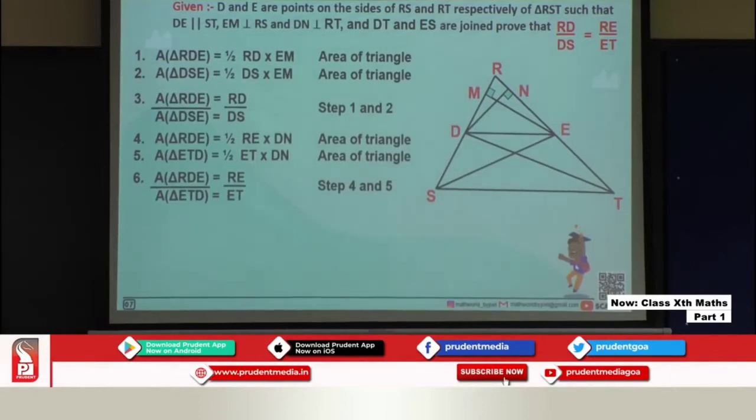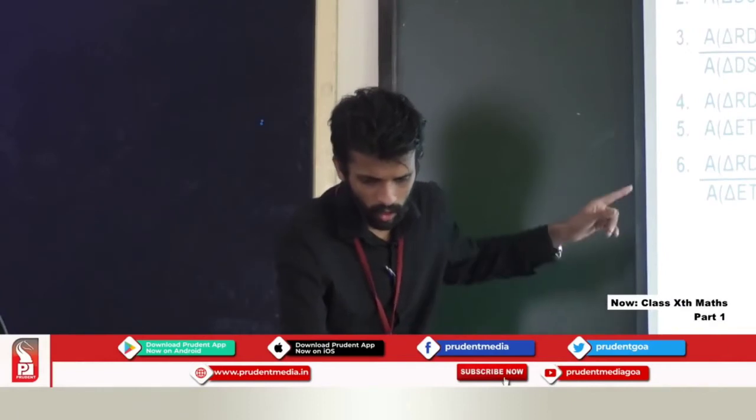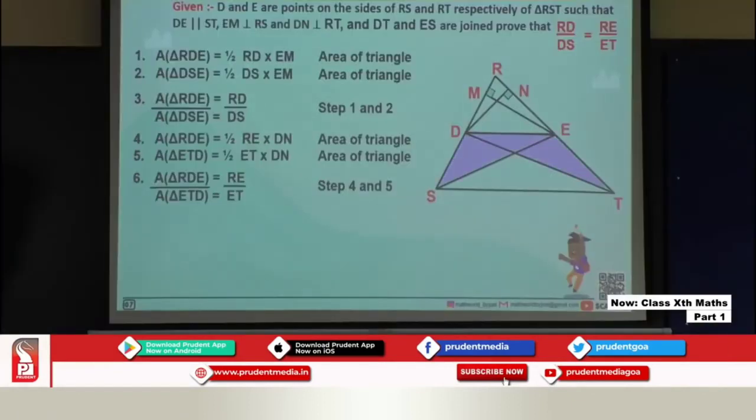Now concentrate on the figure. I have selected two triangles over there, DSE and DTE. Now these two triangles have equal areas. You'll wonder why equal areas.